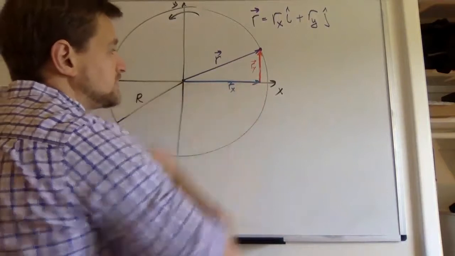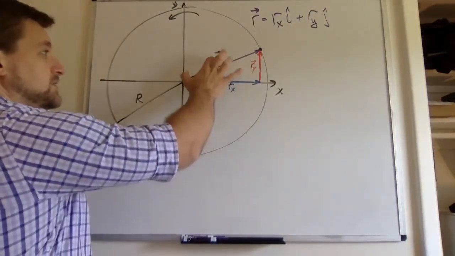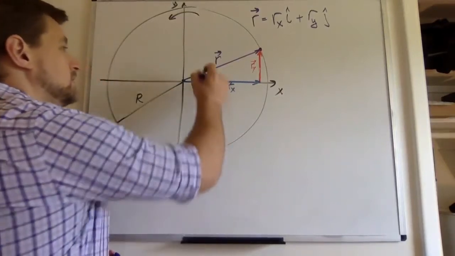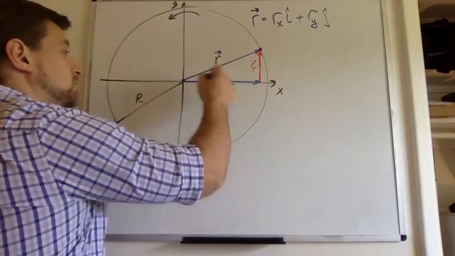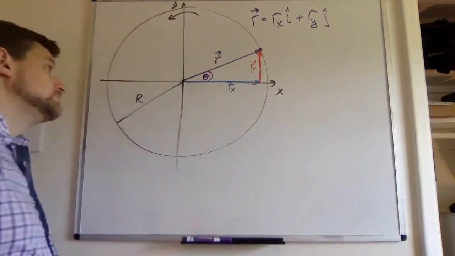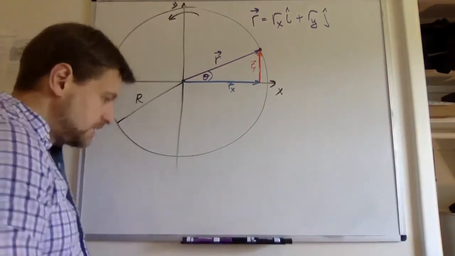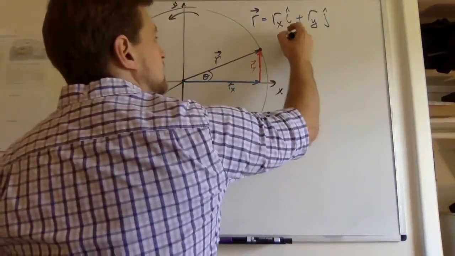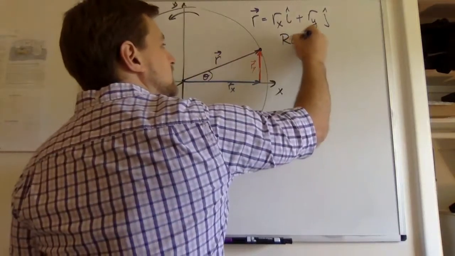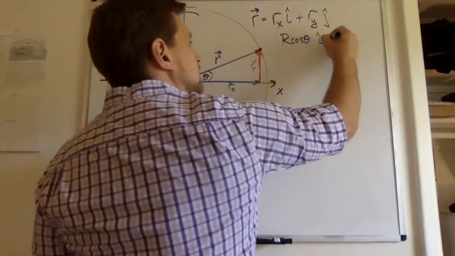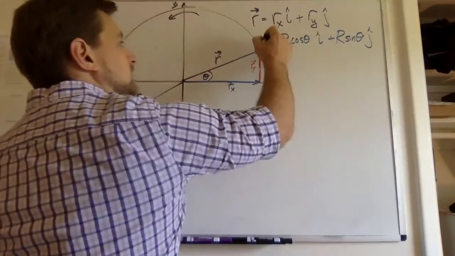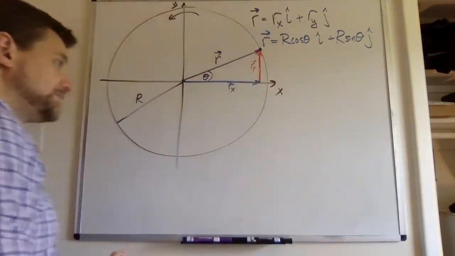We know that the horizontal component is related to the hypotenuse by the angle that the position vector makes with the positive x-axis. So I'll just call that theta for now. And we know that we can write this as the magnitude of the hypotenuse times cosine of the angle theta in the i direction, plus the magnitude times the sine in the j direction, and that's also vector r.